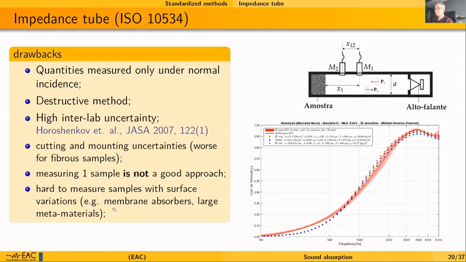And of course, it's hard to measure samples with surface variations, such as membrane absorbers, large metamaterials, and so on. If the material has an undulated surface, you have to arbitrarily define where the surface of the material is, because this distance from the microphones is important in the calculations.